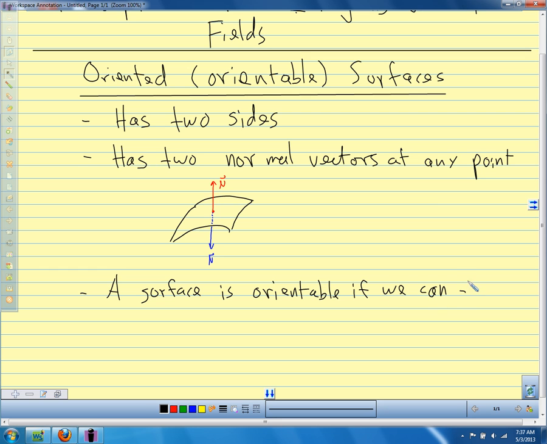if we can define a unit normal vector at any point on the surface, and our unit normal vector varies continuously over the surface.